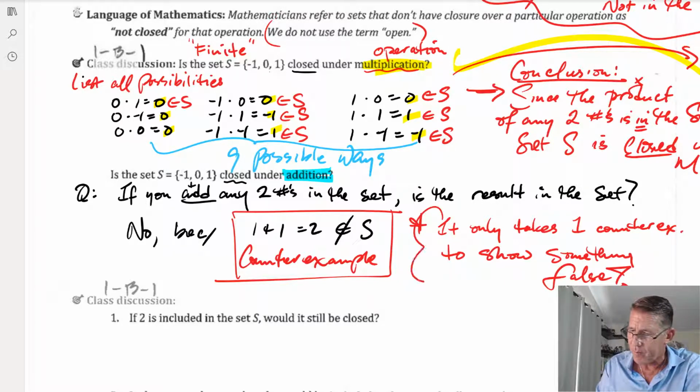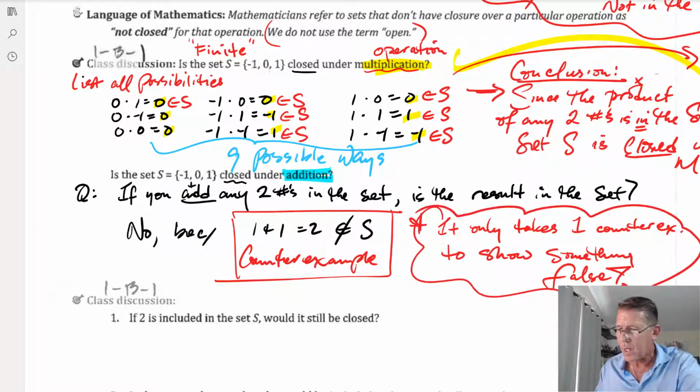Let's highlight that. Now there could be more than one counterexample, and sometimes with infinite sets, there's an infinite number of counterexamples to show something that's false. But in reality, anytime that something's false, all you have to do is come up with 1. It only takes one counterexample to show something false.